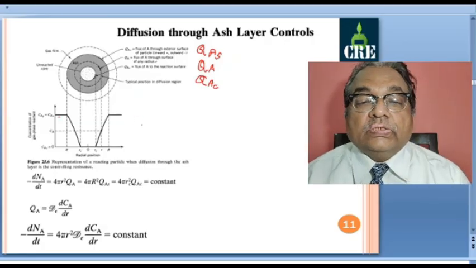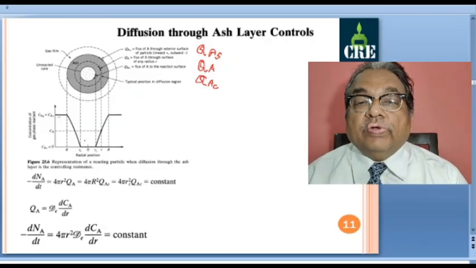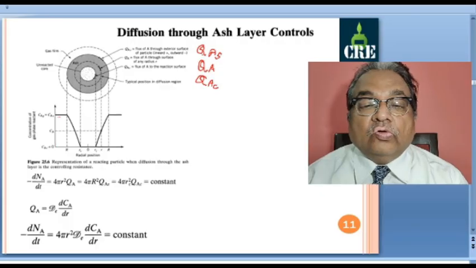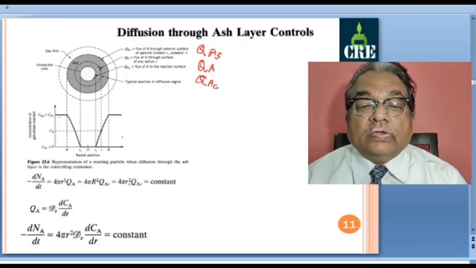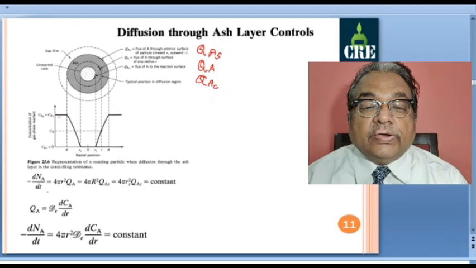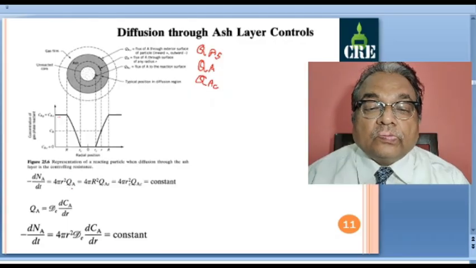And for this typical position, we will look into the rate equations. So, minus dNA by dt, the change in number of moles of A, we can write as the flux QA.